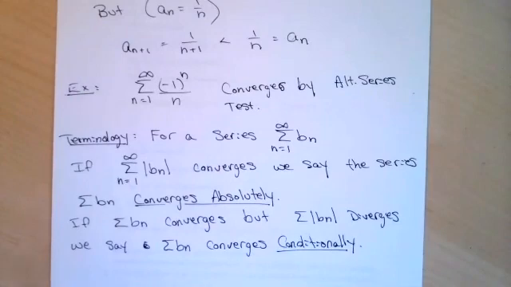So this was the strength of the ratio test and the root test. If we get a positive test from the ratio test or the root test, it converges absolutely.